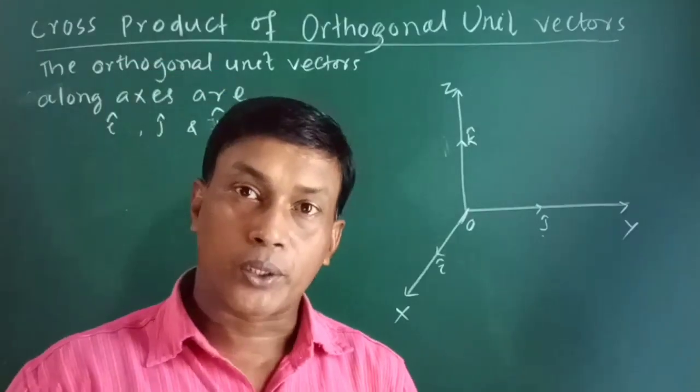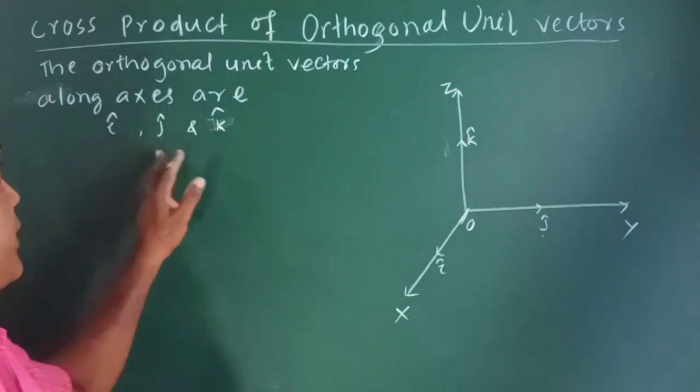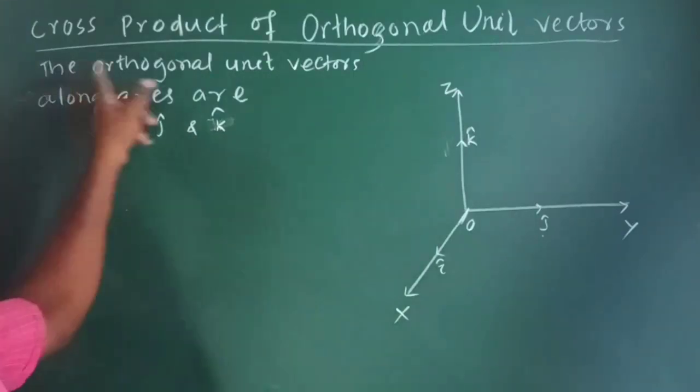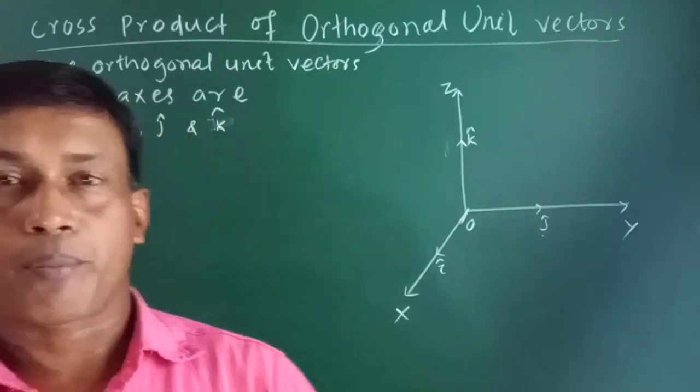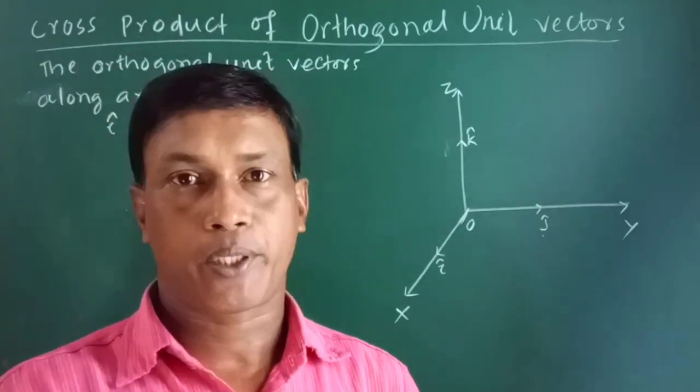Now the orthogonal unity vectors are i, j, k, and we have to find the cross product of these three vectors. First take the cross product of similar ones, then the cross product of dissimilar ones.